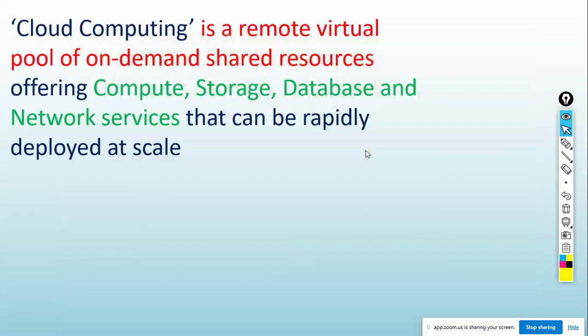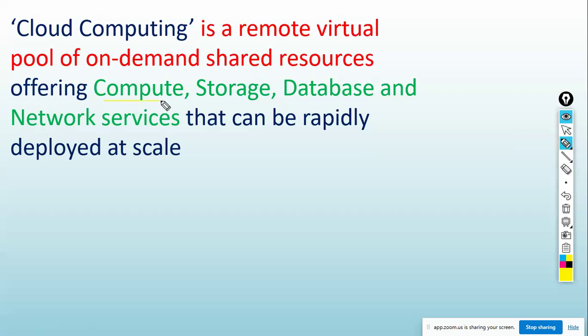Okay, so we will see what cloud computing is. Here you can see red color and green color, which I'll explain. The cloud computing definition: it is a remote virtual pool of on-demand shared resources offering compute, storage, database, and network services that can be rapidly deployed at scale. What does this mean?